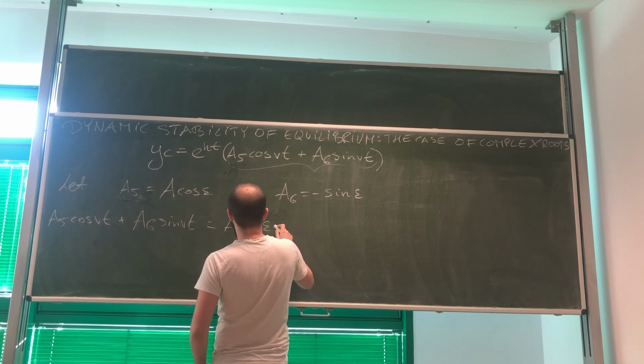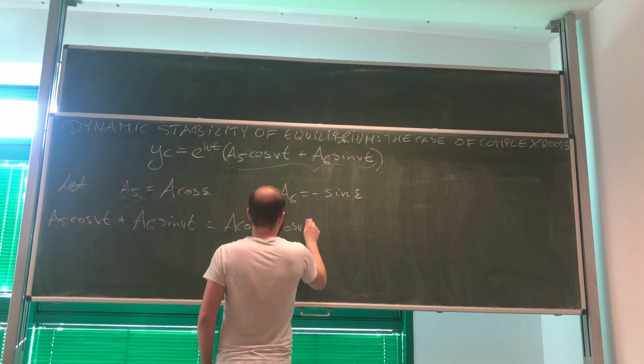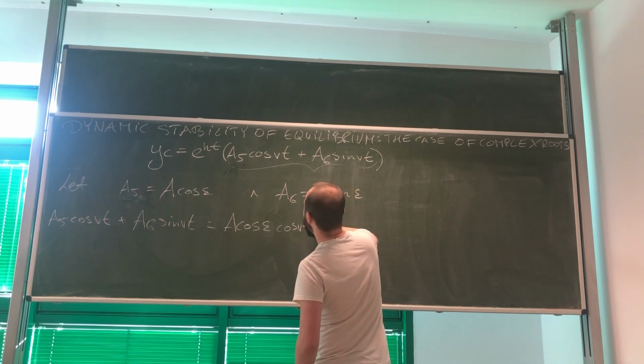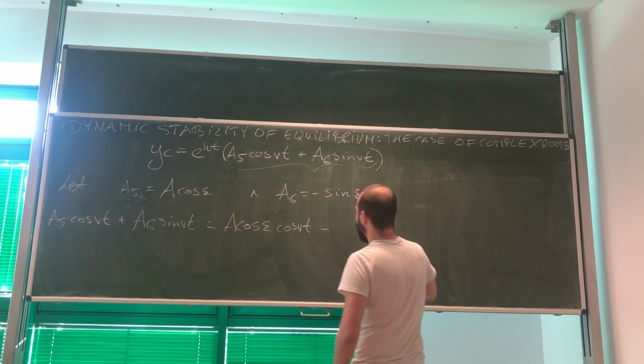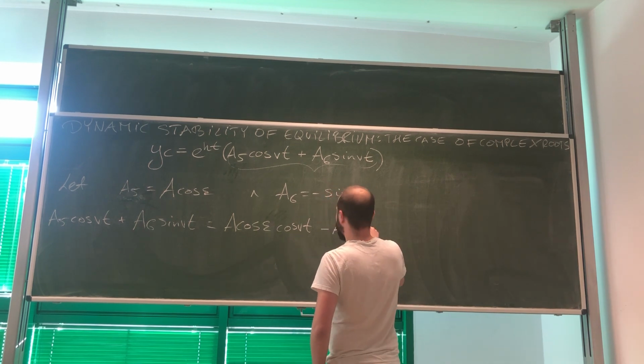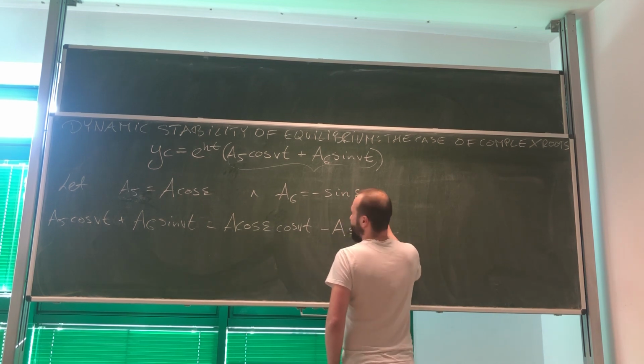epsilon times cosine Vt plus, so minus A sine epsilon sine Vt, let's put it like this.